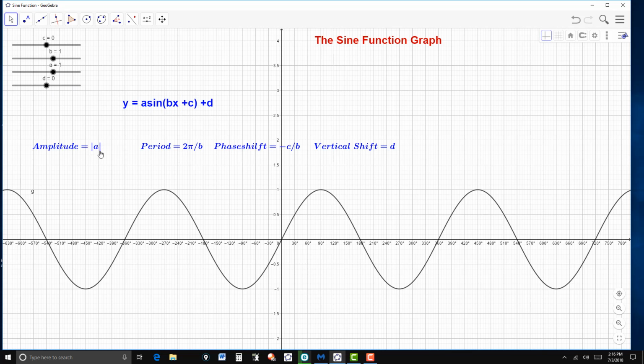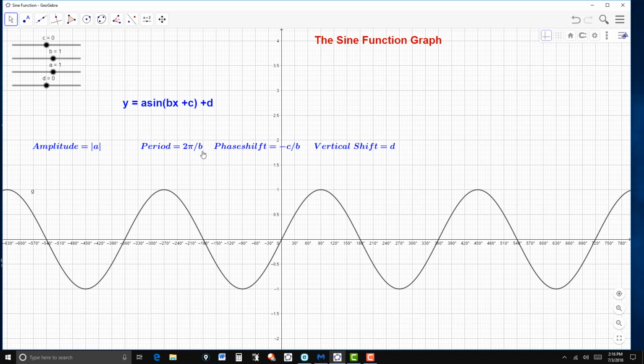So again, the amplitude is the absolute value of a. And the period is 2 pi over b, or in our case, since we're dealing with degrees, it'll be 360 divided by b. Dealing with radians, it'll be 2 pi over b. And here, the b will be positive. If it's negative, just ignore the negative or take the absolute value.